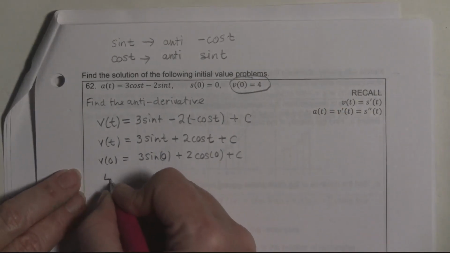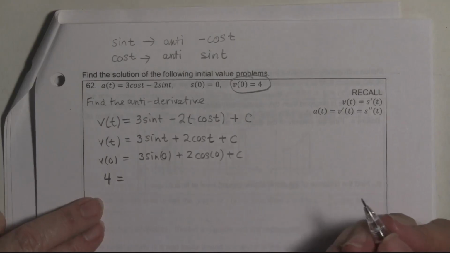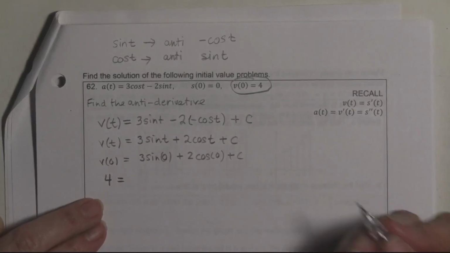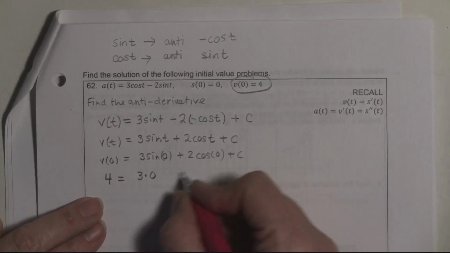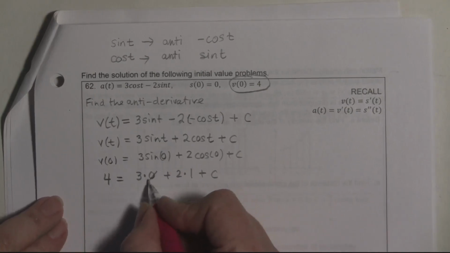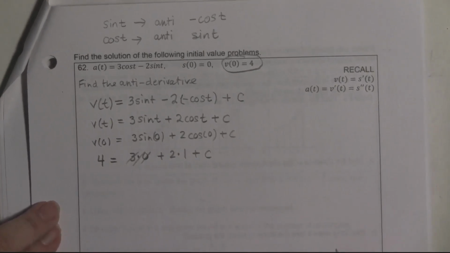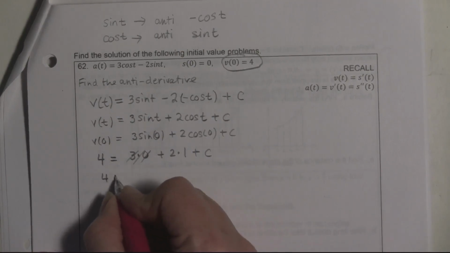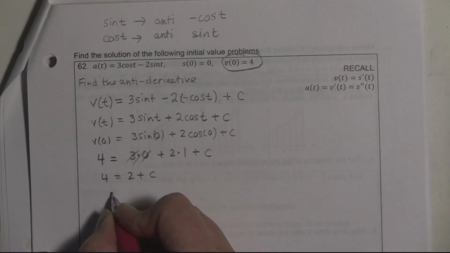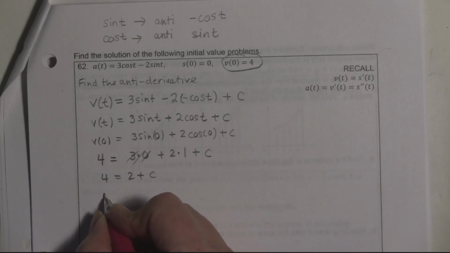So this was equal to 4. And sine of 0 is 0, so this is 3 times 0. Cosine of 0 is 1, so plus 2 times 1 plus c. So this is gone. And if I'm trying to find out what c is, I got 4 equals 2 plus c, right? So c equals 2.